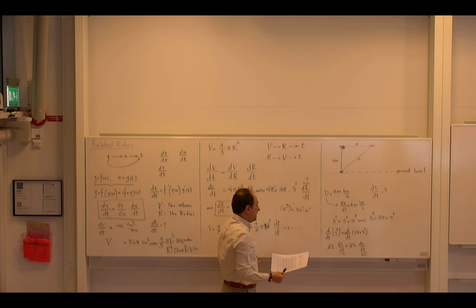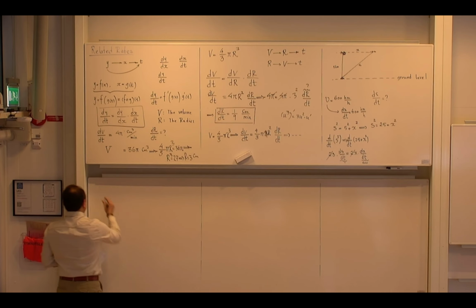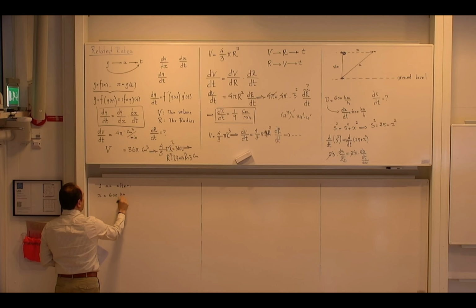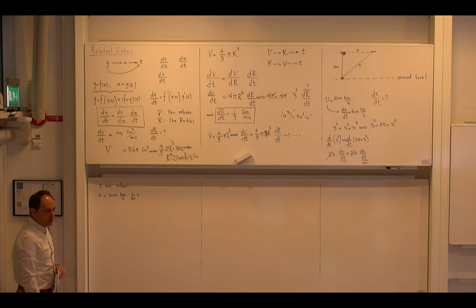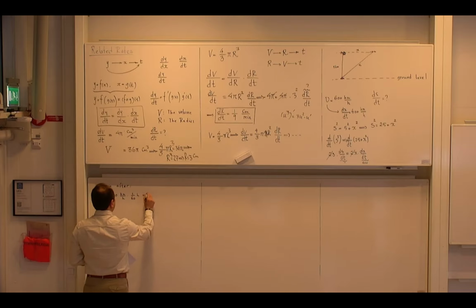So 1 minute after, x becomes what? 600 kilometers per hour, but 1 minute is 1/60 hours, because the units should be consistent. So the answer will be 10 kilometers.